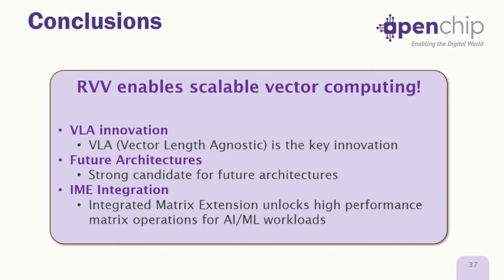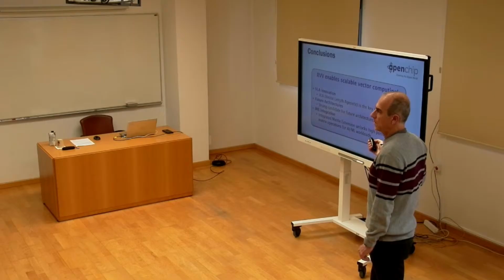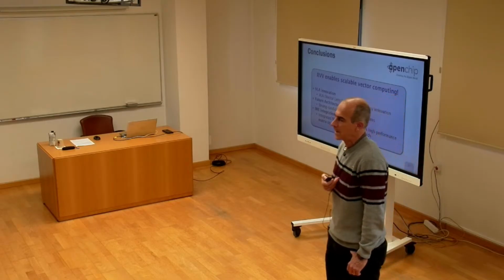Another point is the matrix extension, which has a very good future, particularly now for AI and machine learning. So far there is no standard for the matrix extension. If you go to RISC-V and read the specification, you find RVV, but you don't find any standard matrix extension. There are many matrix extensions from different companies, but they are not standard, because another beauty of RISC-V is that you can define your custom ISA.